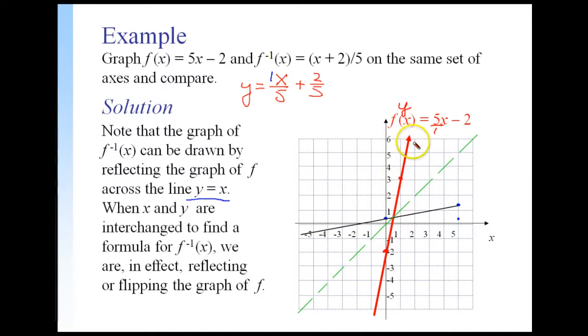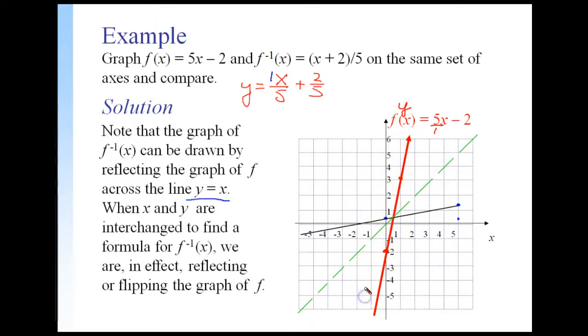So if I made this red line with, let's say, some free ink that would be copyable, when I fold the page over, it would make this line. So that's why we say this line is the reflection of this line.